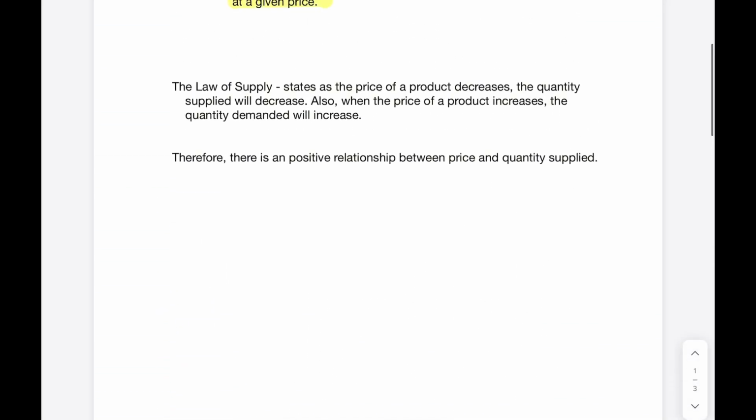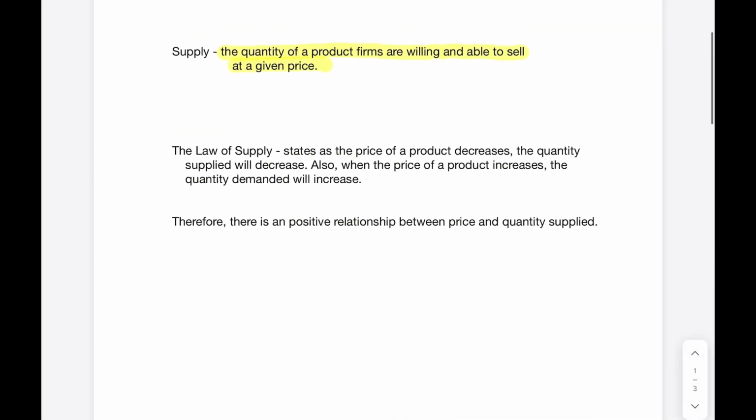So let's have a look at the law of supply. The law of supply states as the price of a product increases, the quantity supplied will increase. When the price of a product increases, the firm is going to be more willing and able to supply the product because they want to maximize their profit.